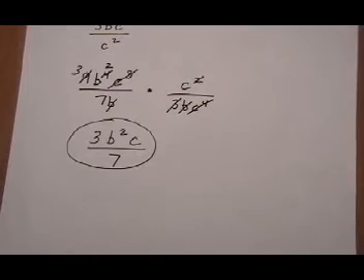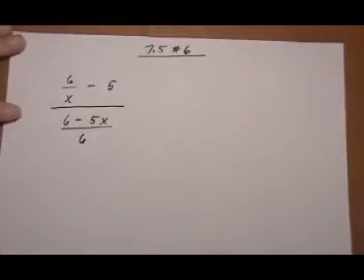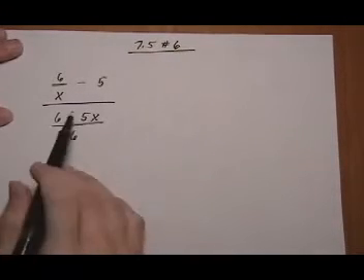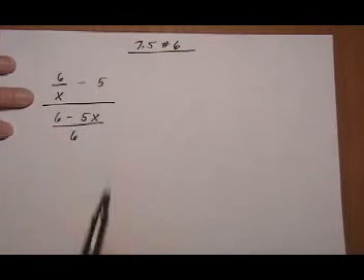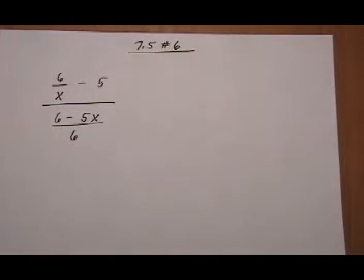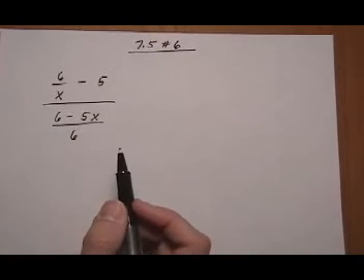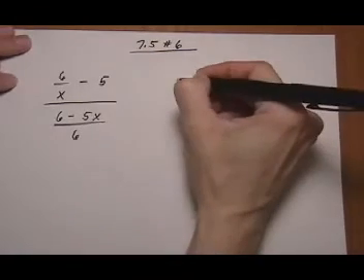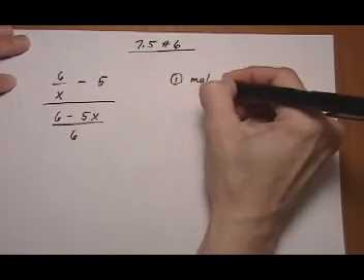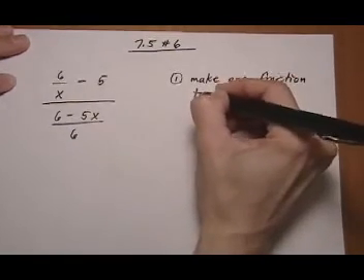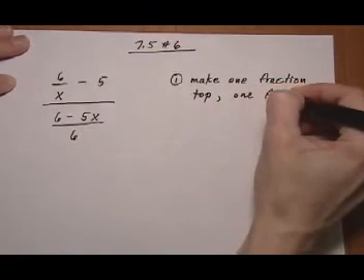That was number 4. Let's take a look at number 6. So we have sort of the same thing here, a complex fraction, but the difference is that the top fraction is made up of 2 different terms, whereas before it was just one fraction, top and bottom. So the very first step when we have something like this is to make it so that you have one fraction on top and one fraction on the bottom.